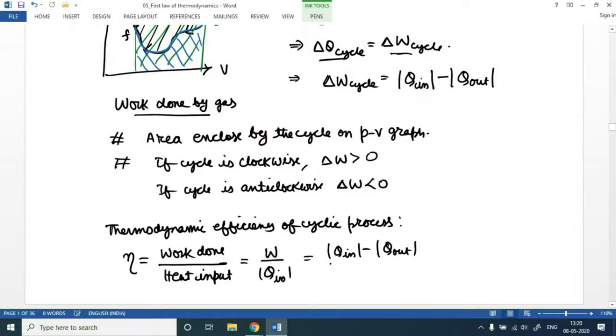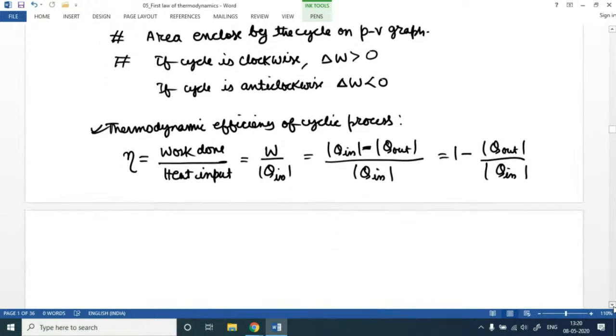Here we are taking absolute values because we have already taken the negative sign. Divided by Q in, that is simply 1 minus Q out upon Q in. That is the thermodynamic efficiency of a cyclic process.